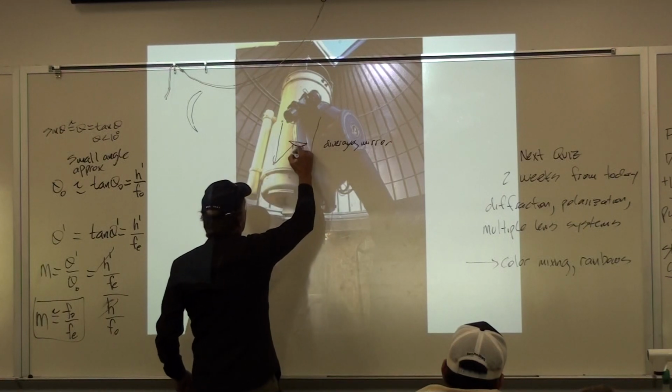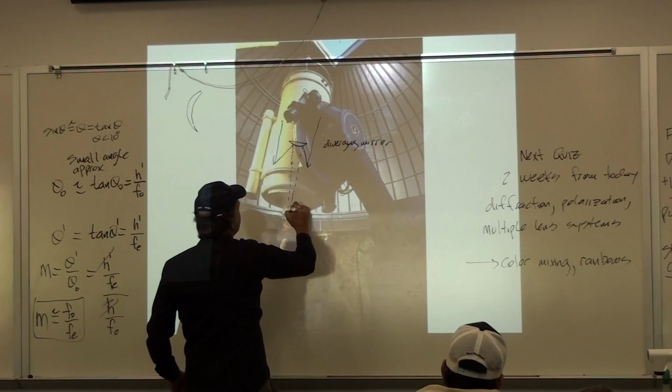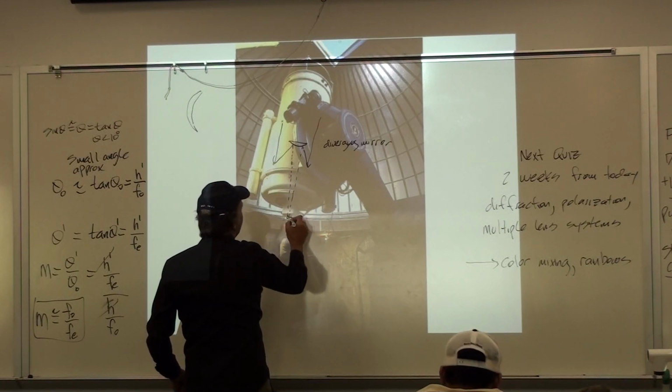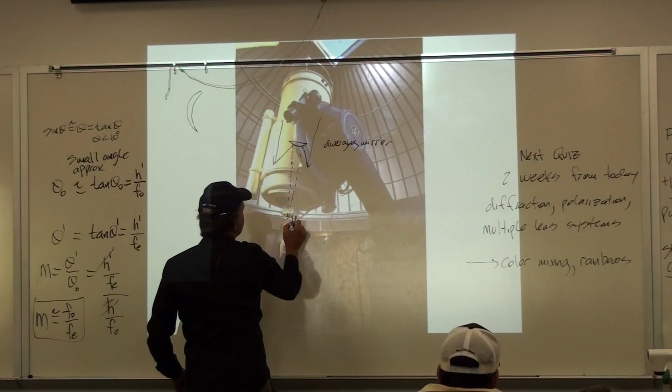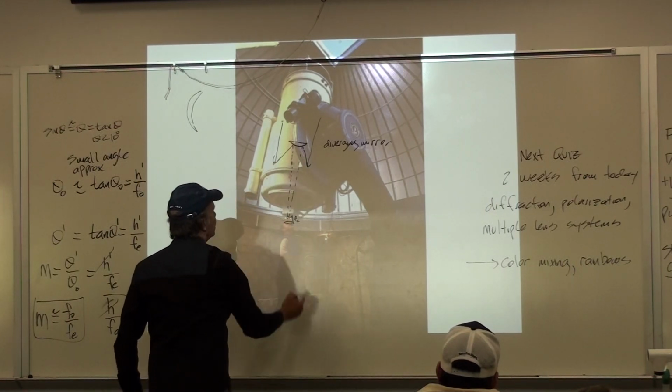It doesn't cause the light to spread out, but it causes it to converge less rapidly. And then that image is just inside of the focal length of the eyepiece lens. So here's the eyepiece lens here, and the image ends up just inside of the focal point for the eyepiece lens.